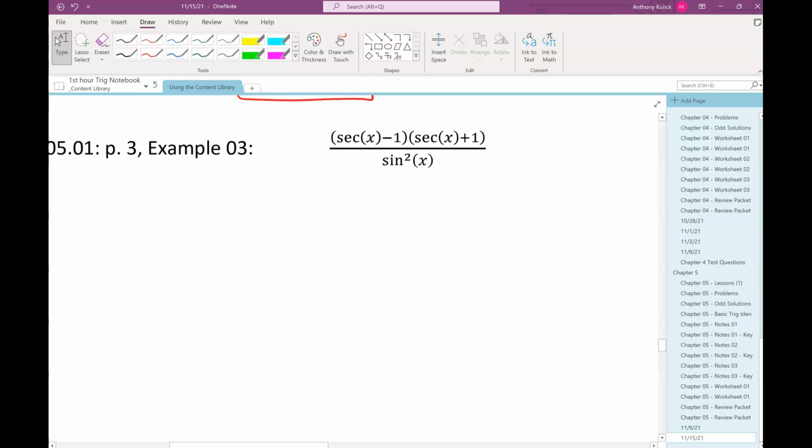Can't the top just cancel out? No, because imagine this is like a minus 1 times a plus 1. Right, so those aren't just going to cancel out. What would you have to do with that?